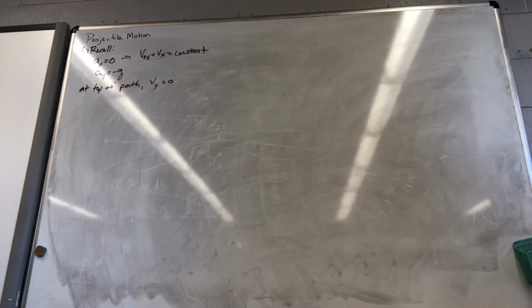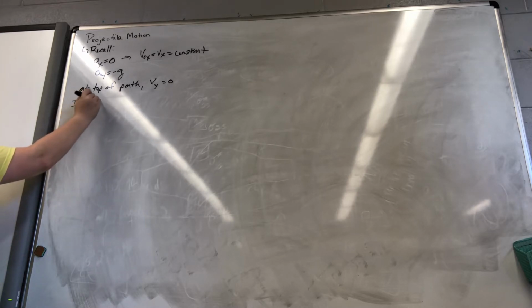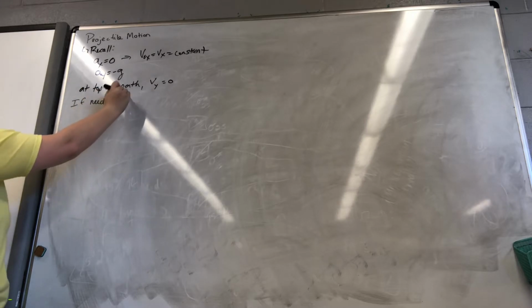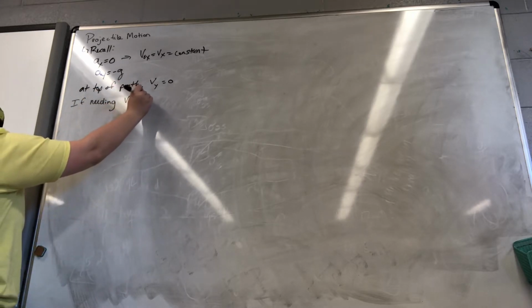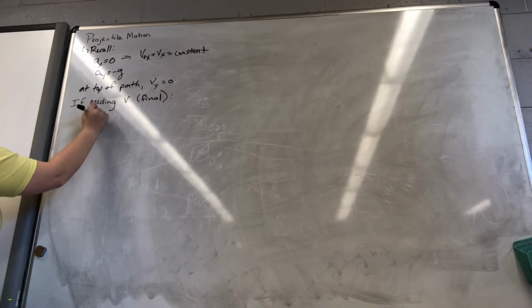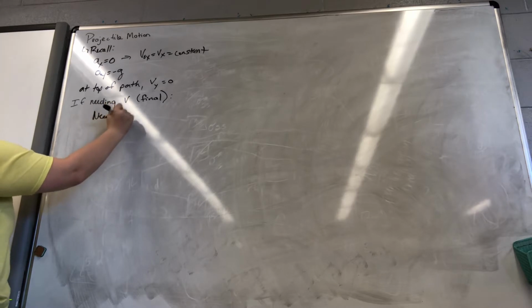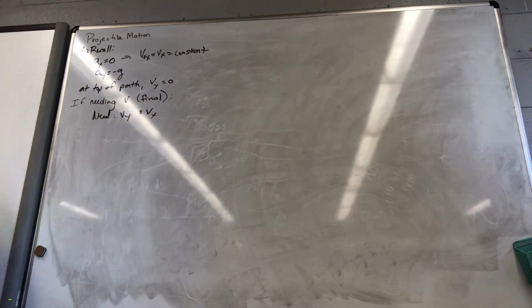At the top of the path, AY is 0. If we're solving for final V, then you need final Vy and final Vx.